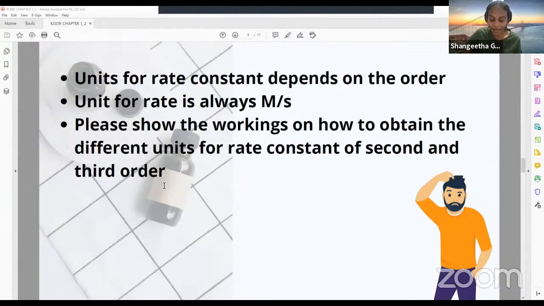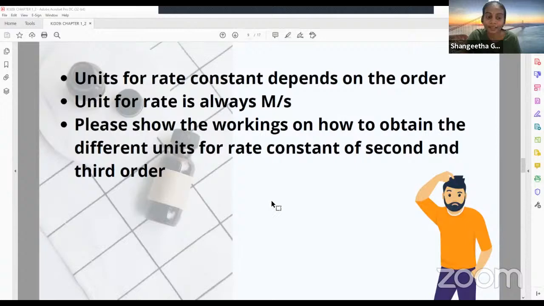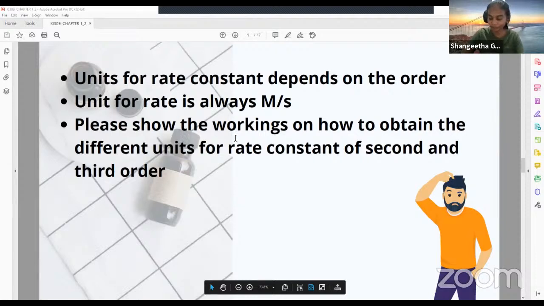Second and third order. All right, can we take 3 minutes? I give you 3 minutes. Can you quickly try to scribble out, if it is a second order, how the derivation of your rate constant can be done? So your second order and third order. Give you 3 minutes, quickly get it done.